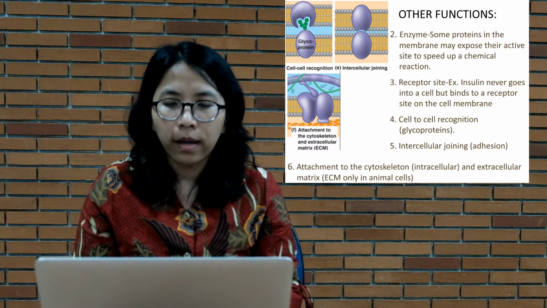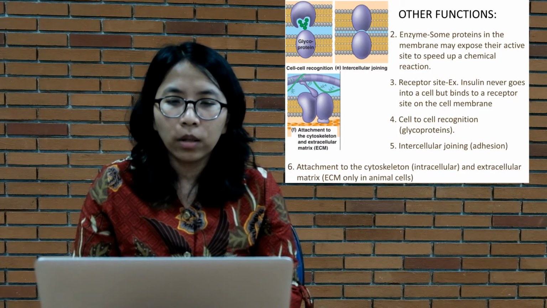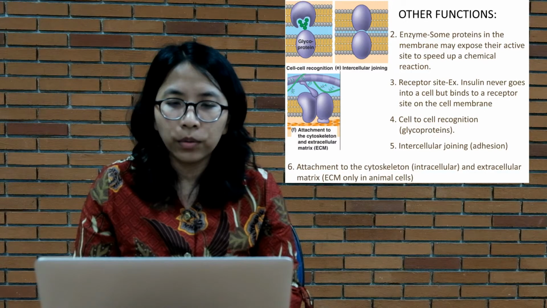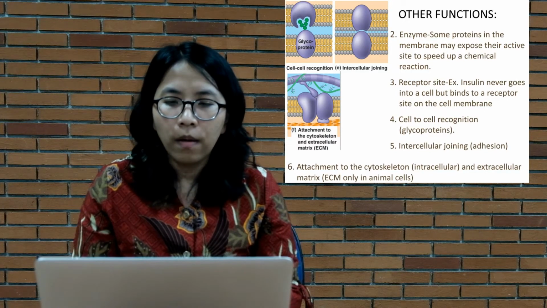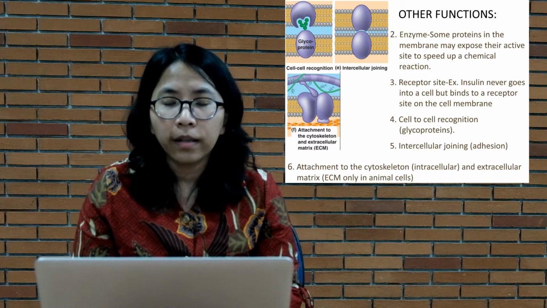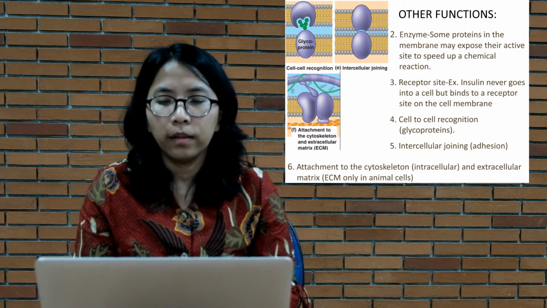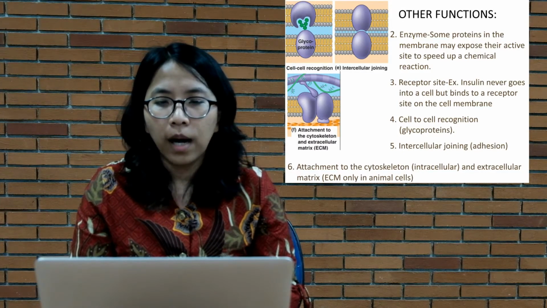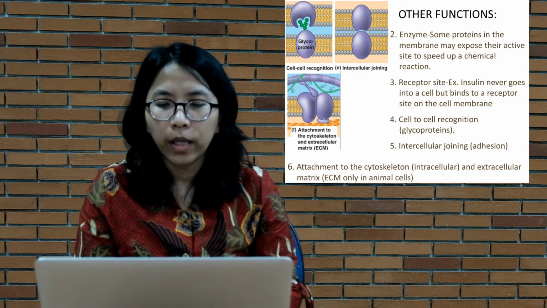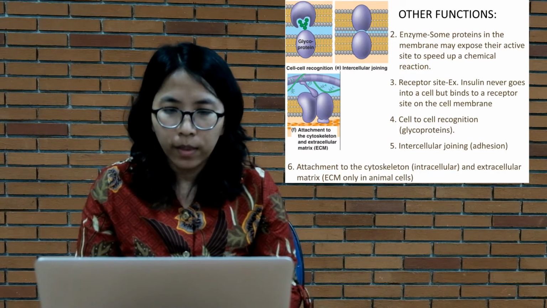So it can act as a receptor, for example, for insulin. Insulin cannot go directly into the cell, but it binds to a receptor on the cell membrane. That's also a protein. So another function of the membrane protein is acting as a receptor site.